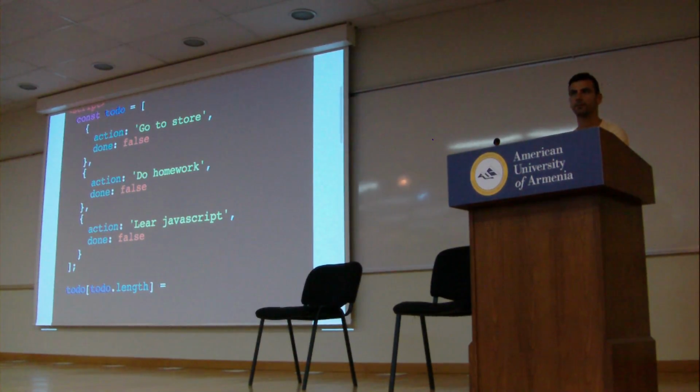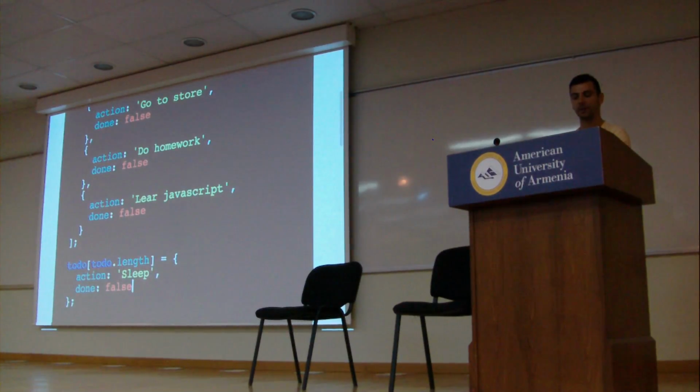Tell me, what do I do? Give me an action, it doesn't matter. Sleep. Have we done this yet? Some of you have, but not me. Okay, there you go. You just added a to-do item to your to-do list.